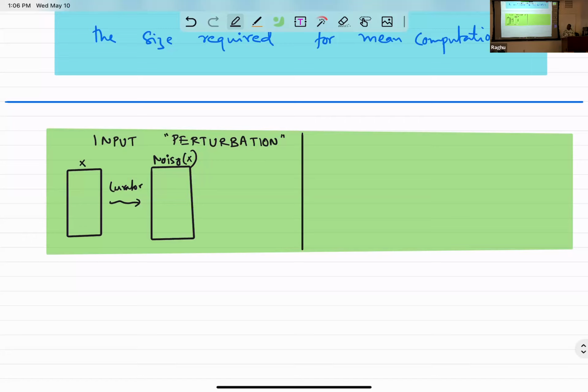Once I perturb it, I'm only going to work in this perturbed model and then release some function f of the noisy database. You perturb the input and then just work with the noisy database and release the answer. Randomized response is actually exactly of this type.